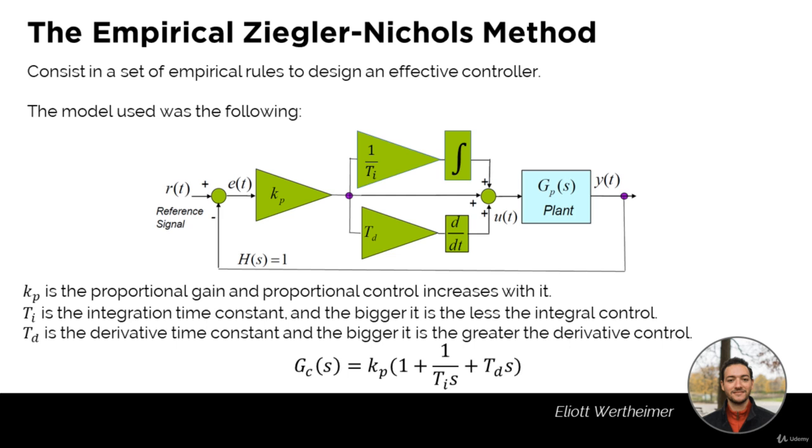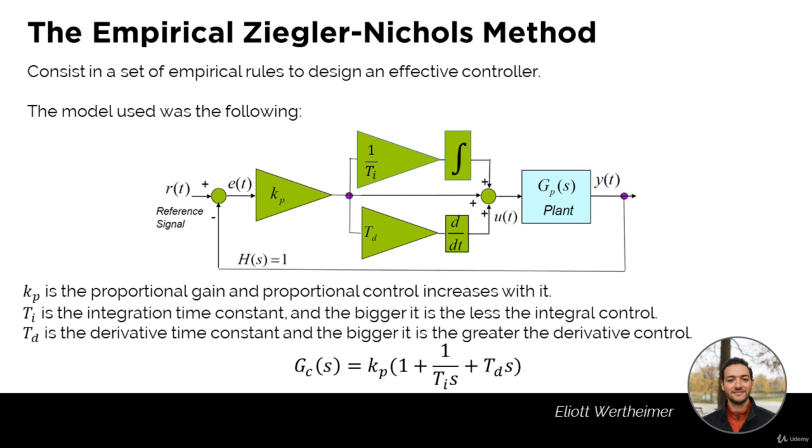Why? Simply because the transfer function of a system controlled using a PID can be of very high order, and it also has at least three unknowns, so Kp, Ki, and Kd, or Kp, Ti, and Td in this particular case, and it becomes very difficult to find them using typical mathematical equations.